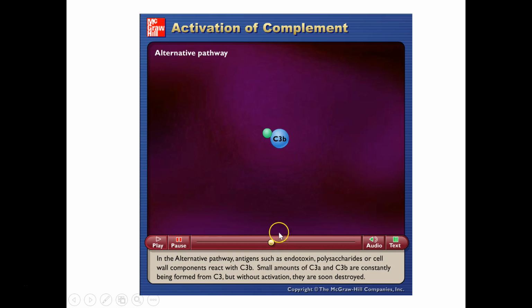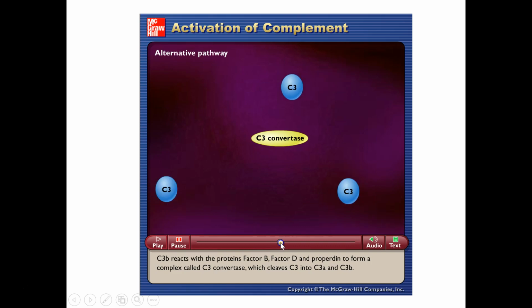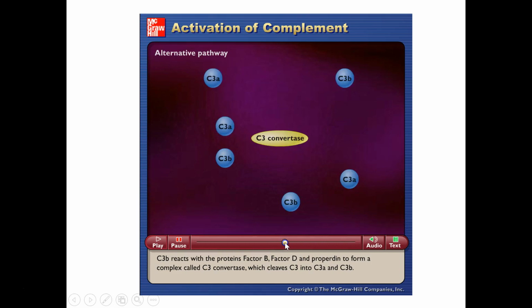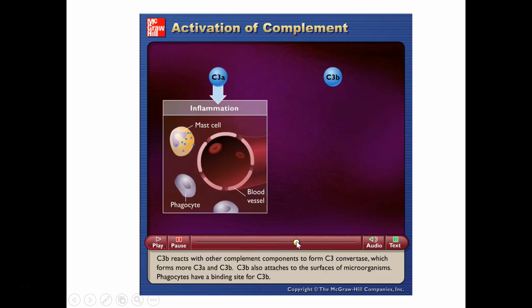And I always remember b for binding, right? And then it's going to start a series of reactions, and oh, we get C3 convertase again, which breaks C3 into C3a and C3b. Both of those pathways get to some point where you're taking C3 and splitting it.